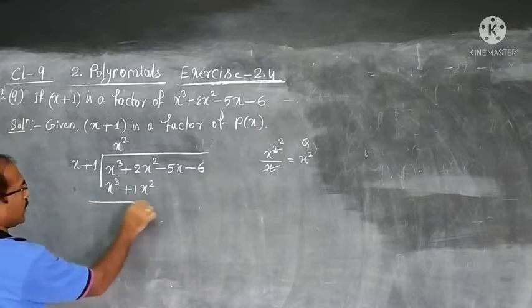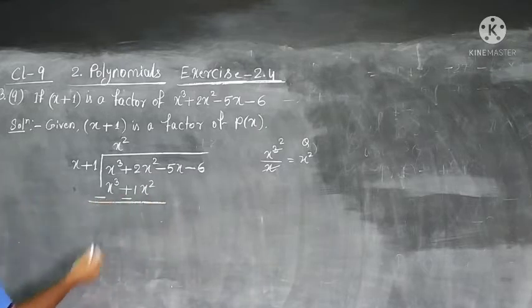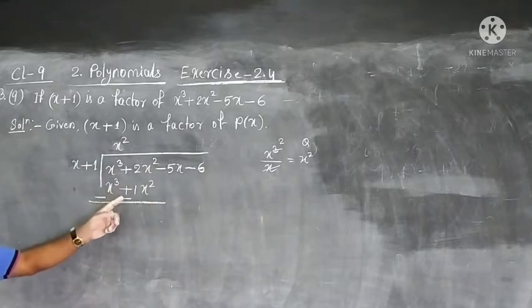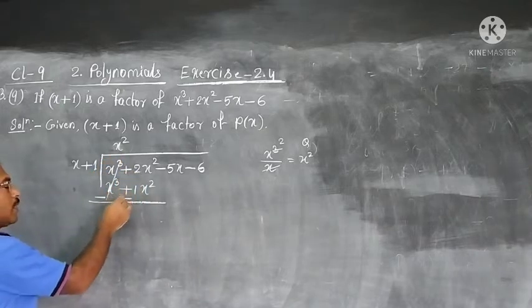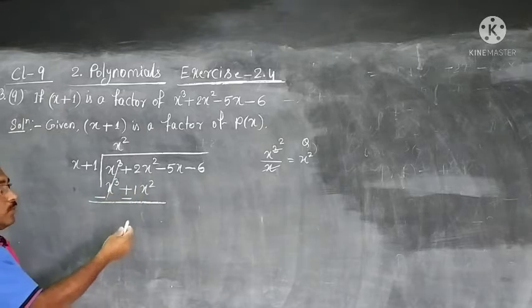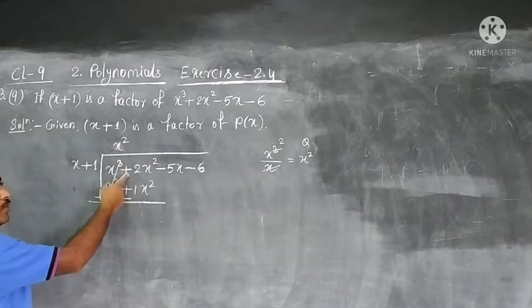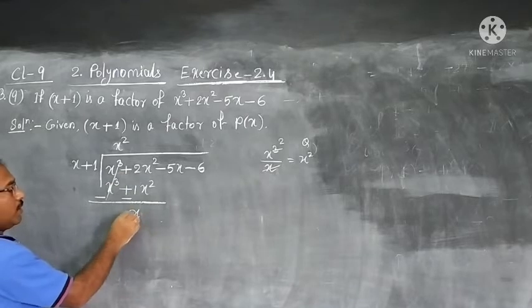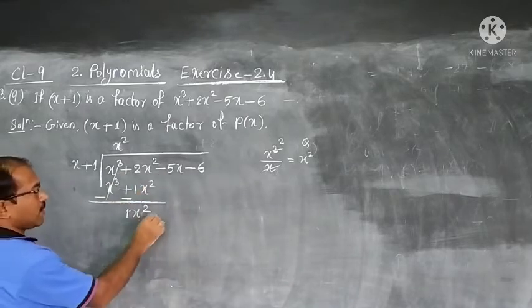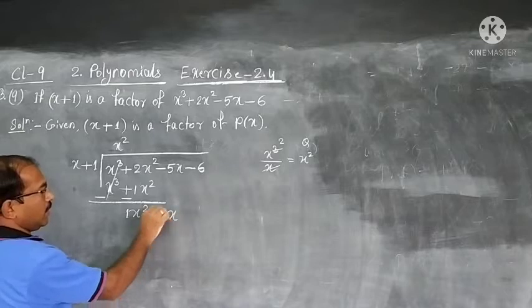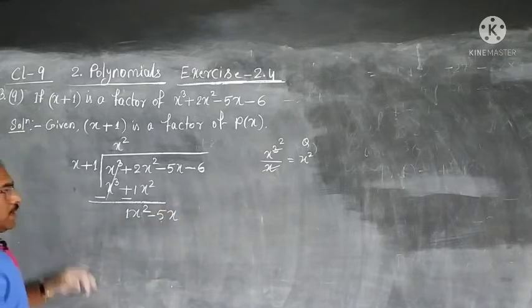Changing the sign, both were positive so both become negative, x cube minus x cube. 2x square minus 1x square, 1 negative and 1 positive, subtract and take the sign of the bigger number. So it will be 1x square, minus 5x comes here, and then 1x square divided by x.